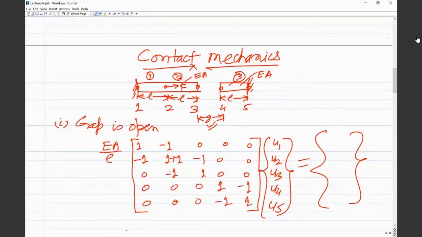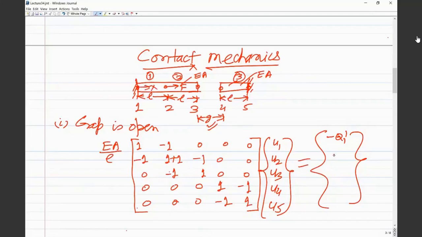Then on the right hand side, at node 1 we are going to apply a boundary condition, so there would be a support reaction. The force at node 1 will be, let's say, minus Q11, in the negative x direction.